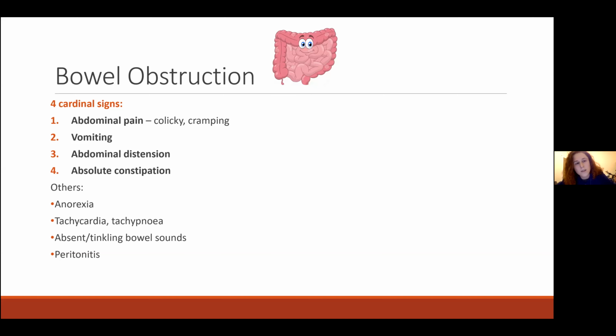So does anyone know the difference between small and large bowel obstruction? Someone said the 369 rule. Yeah, that's something we are going to come on to. X-rays. So in terms of the presentation, how might they be slightly different?